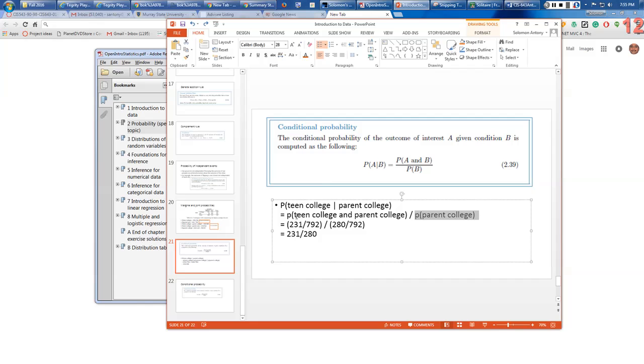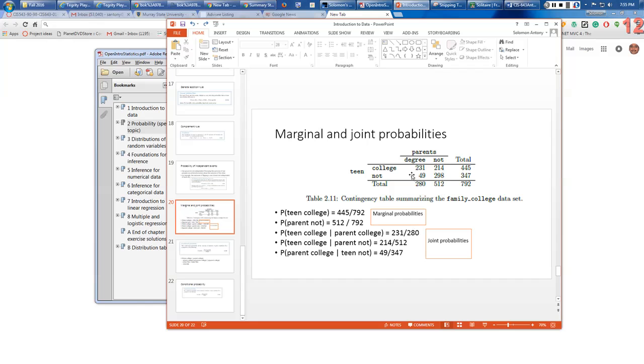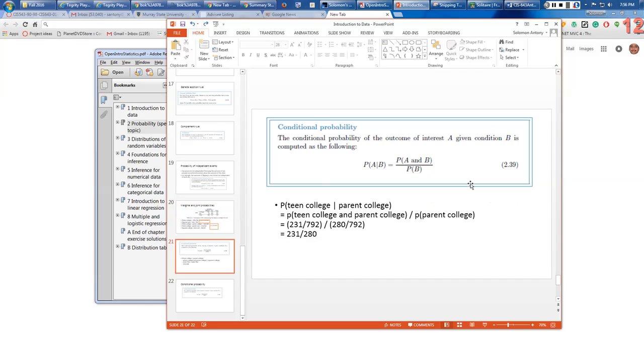The top part, probability of teen attended college and parent attended college, you can see from the previous slide. Both attended college is 231, the number of times both teen and parents attended college out of a total of 792. So the numerator is 231 out of 792.